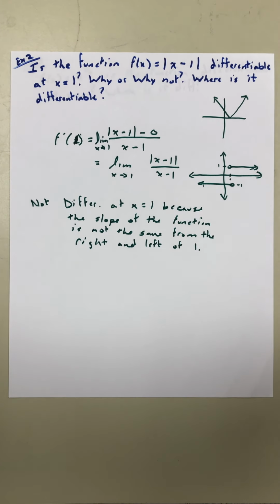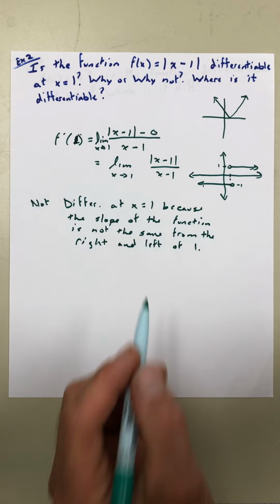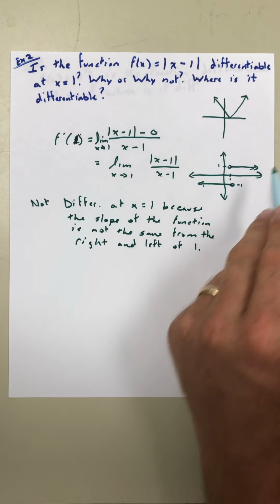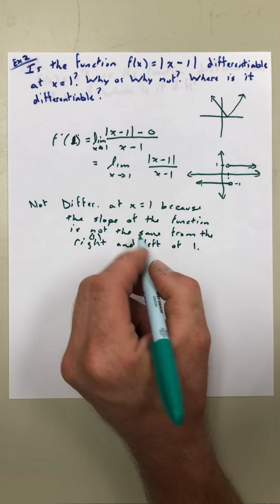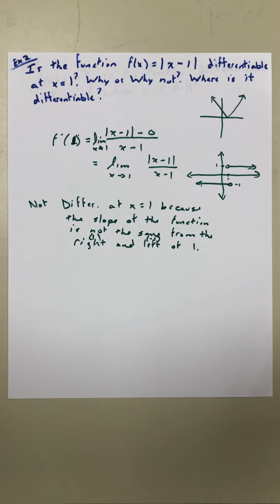You may even want to put in there that the slope on the right side is a +1, and on the left side it's a -1. That'd be even a little more precise of an answer.